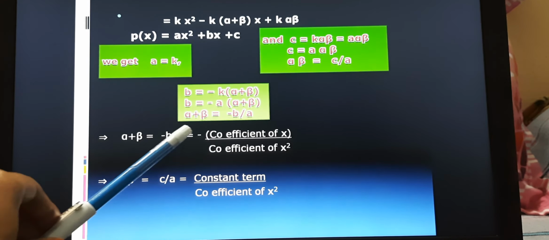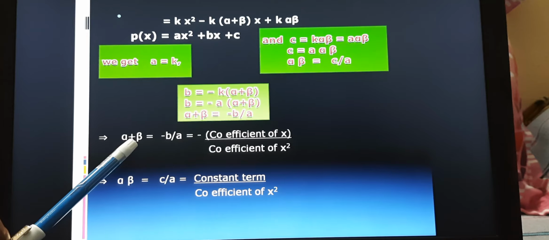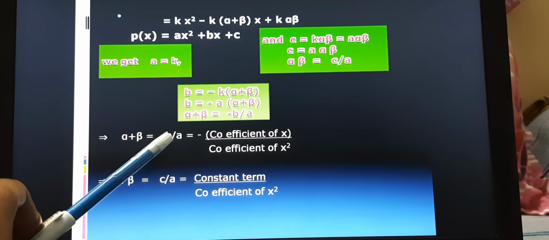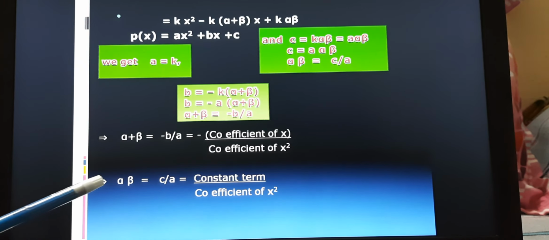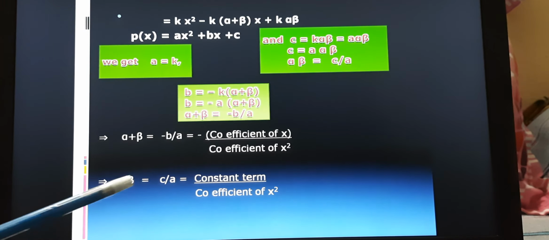This is the main formula that you have to remember: alpha plus beta is equal to minus b by a. The sum of zeros equals minus b by a. Again, alpha beta, they are in multiplication, so this is the product of the zeros. The product of the zeros is equal to c by a.